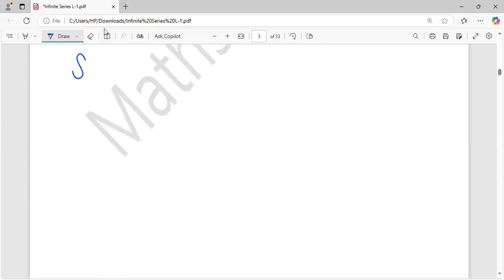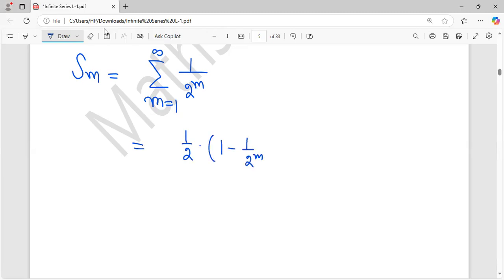Sm is equal to summation n goes to 1 to m of 1 upon 2 to the power n. So what will be this? First term is 1 by 2. Then 1 minus 1 upon 2 to the power m upon 1 minus 1 upon 2, because this is a geometric series. The sum is this. So after solving it, you will get.